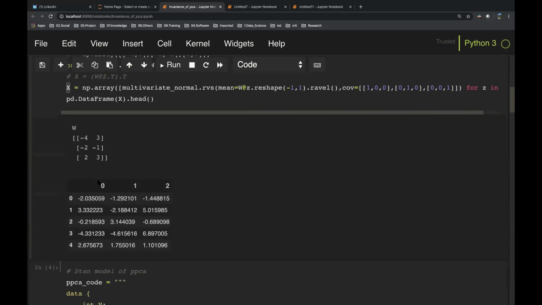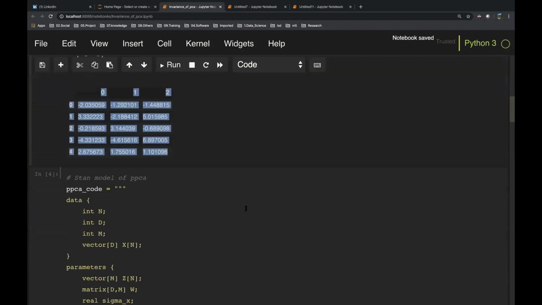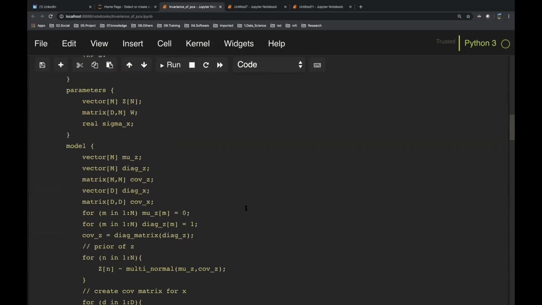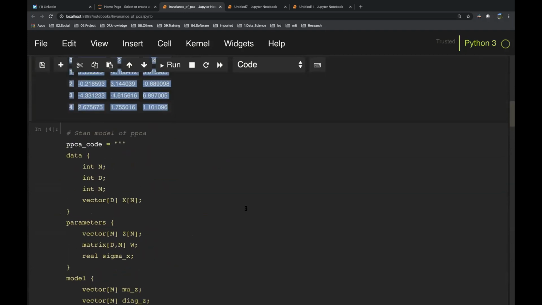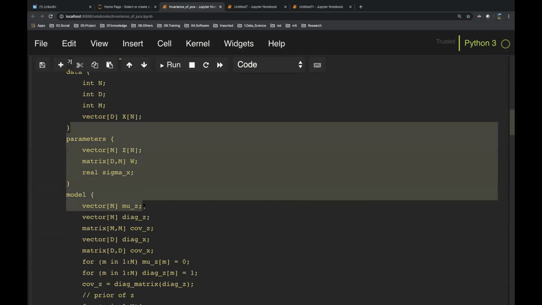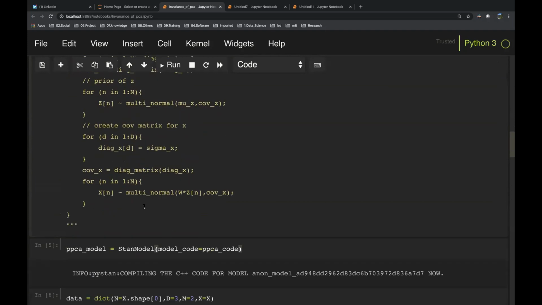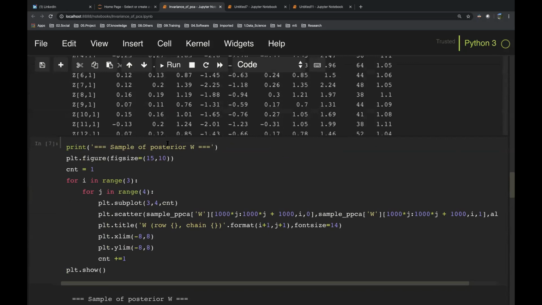Then X looks like here. At this time I used Stan, one of the probabilistic languages. Today I skipped the details of the Stan program code, but I programmed the principal component analysis I just explained. Then I sampled the posterior distribution.